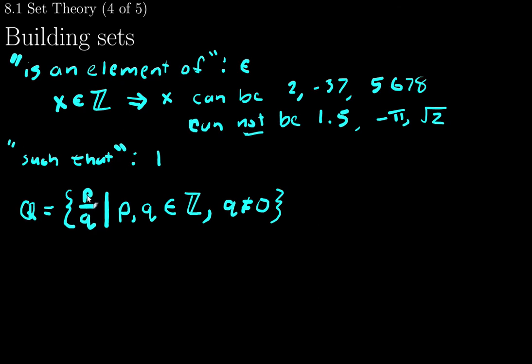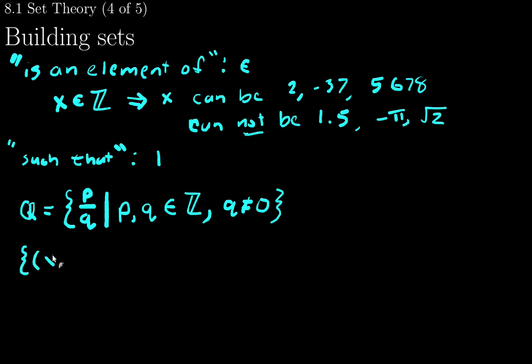So this is just one example of how to use set builder notation. There are many ways that this can be done. So, for instance, I could make a random set. Let's just say, what about the set of all points, x, y, coordinates on the plane? Well, I could do it like this.